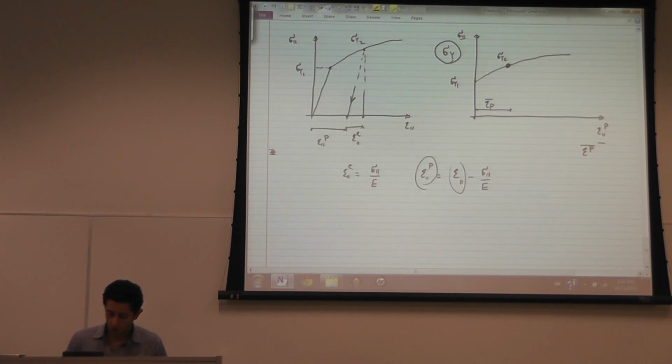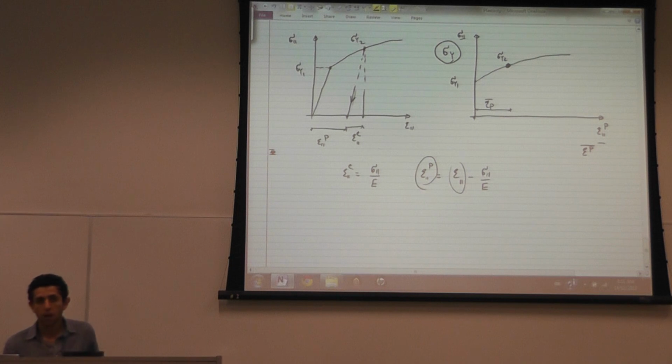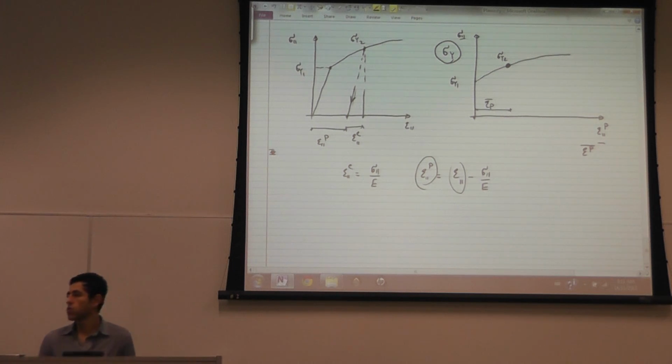I'm at this location right now, behaving in a linear elastic manner between sigma yield 2 in tension and sigma yield 2 in compression. The sigma yield 2 is the yield stress of the material, and the amount of plastic strain inside the material is equal to this parameter epsilon bar P.